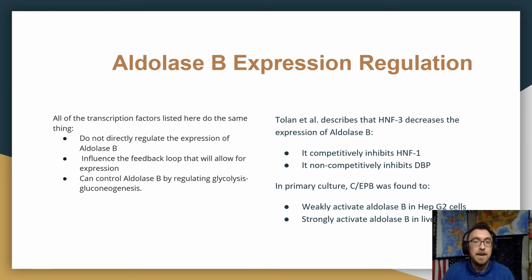Either way, HNF3 decreases the expression of aldolase B. And lastly, EPB was found to weakly activate aldolase B in HepG2 cells and strongly activate aldolase B in liver cells studied in primary cultures, freshly harvested and exposed to growth media.